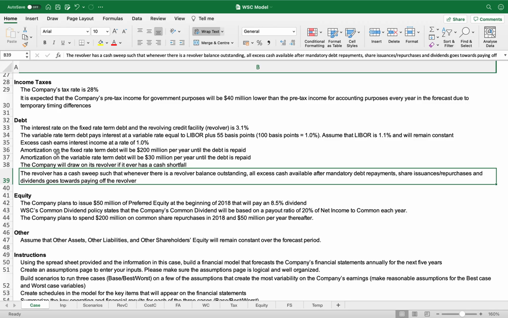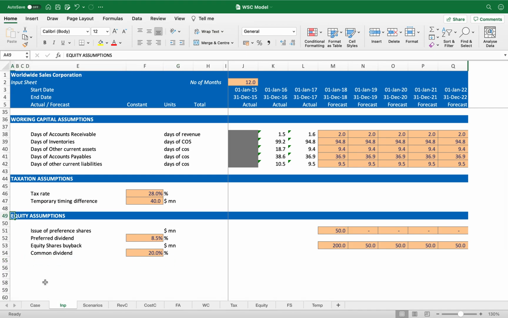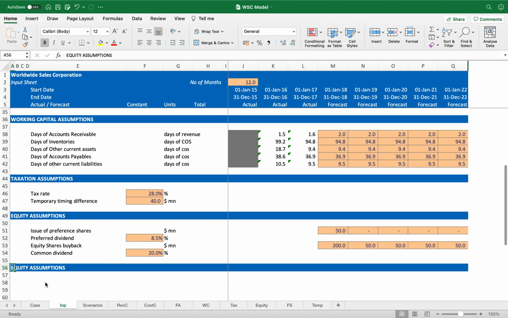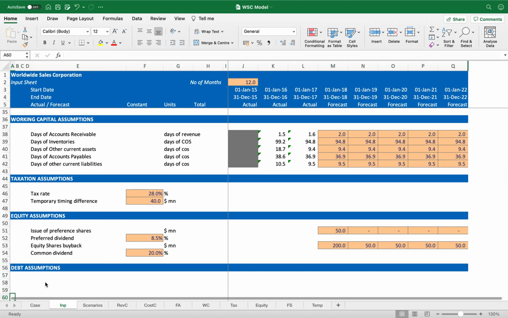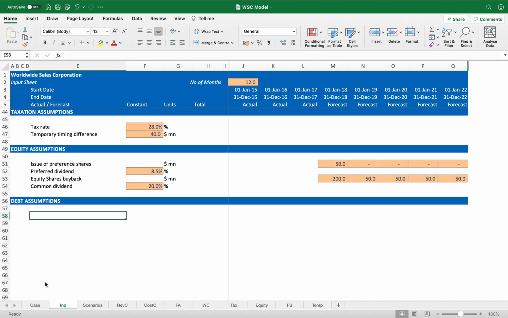Before we dive into the computations, let's bring these debt assumptions to our input sheet. So go to the input sheet, have a next segment of debt assumptions. So let's start.